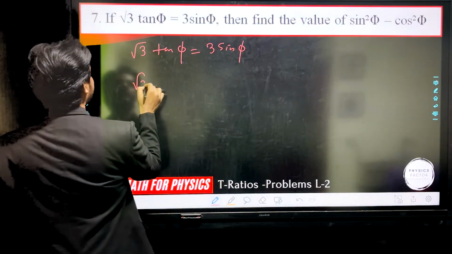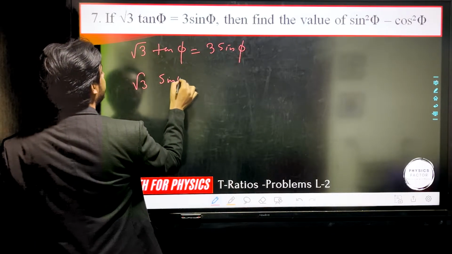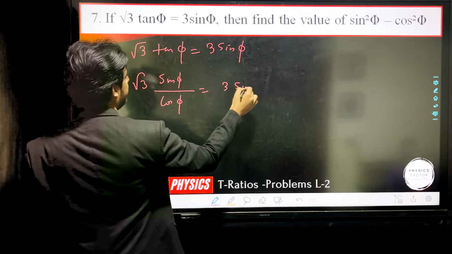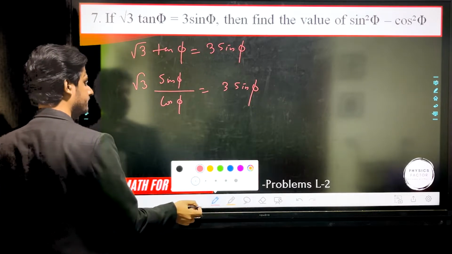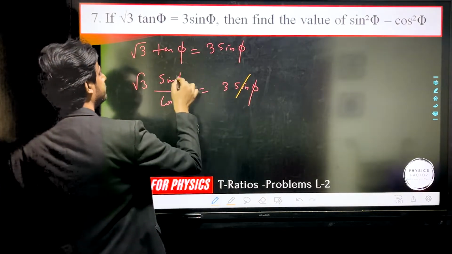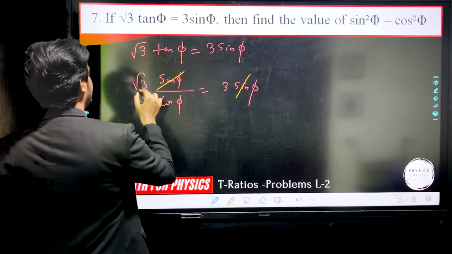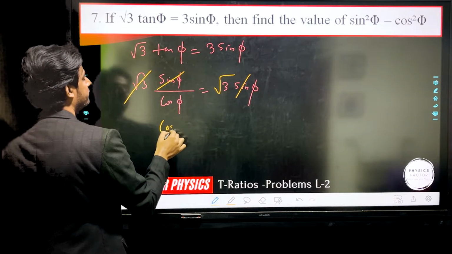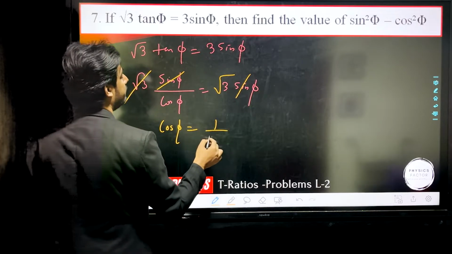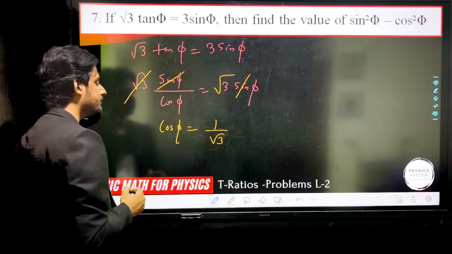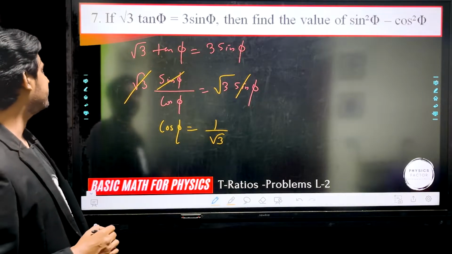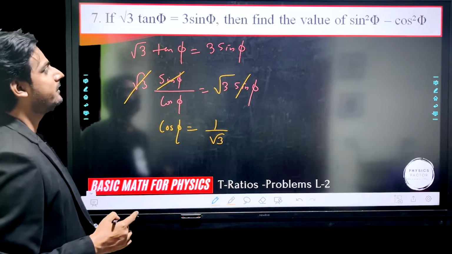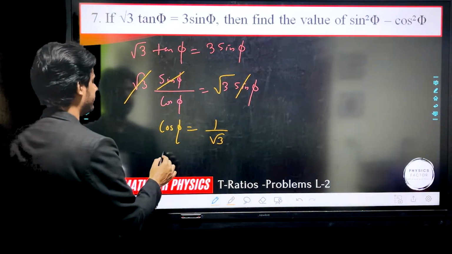I will write tan phi as sin phi by cos phi, so root 3 sin phi by cos phi equals 3 sin phi. Now we can cancel sin phi, and root 3 into 1 over root 3 becomes root 3. So we got cos phi as 1 over root 3. You can check my calculation. So I think we get a cos phi value of 1 upon root 3. Now we need sin phi also, so let's calculate sin phi.